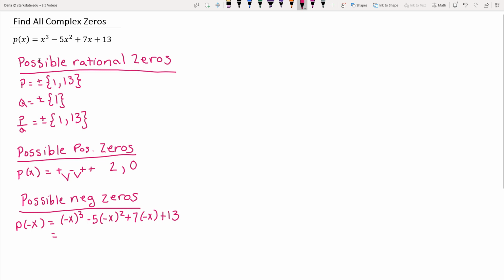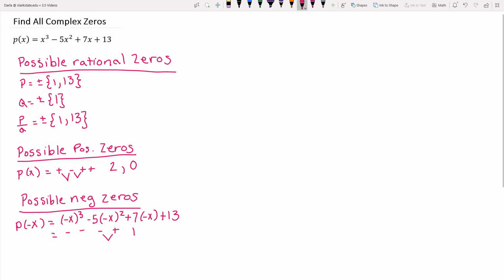A negative x to the third is negative overall. A negative to the second is positive times this negative is negative. A negative times a positive is negative, and then that constant had a positive sign. So we can see that we have one variation of sign. And if we subtract off 2 from 1, that brings us down to negative. So that's not useful. So our only possibility for the number of negative zeros is 1.